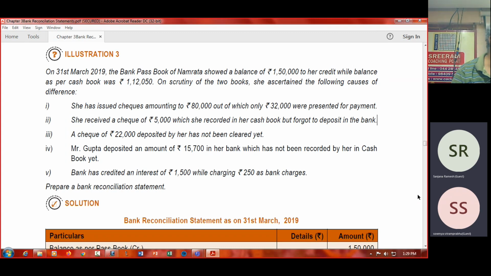Yes, Soumya, could you tell in which book it is appearing? Second one only, sir. Yes, second, the cash book. Which side of the cash book is this item appearing?